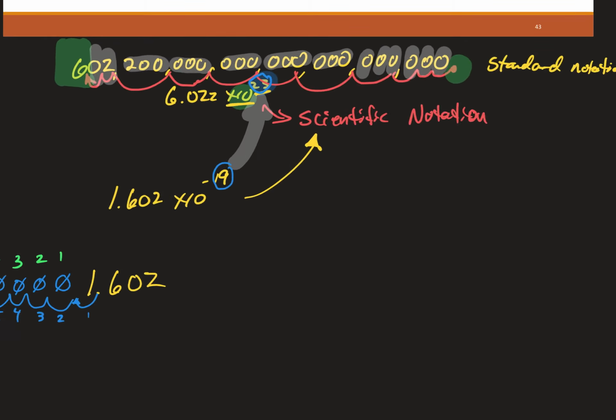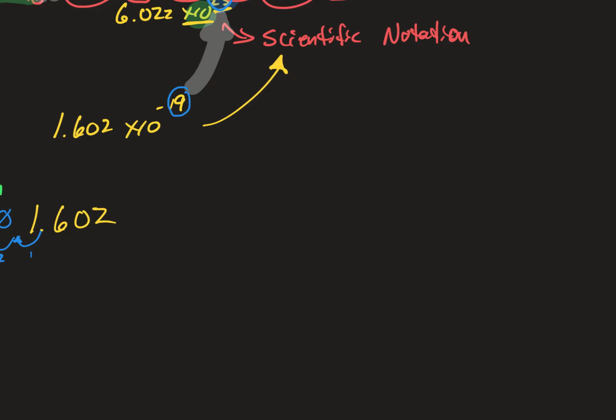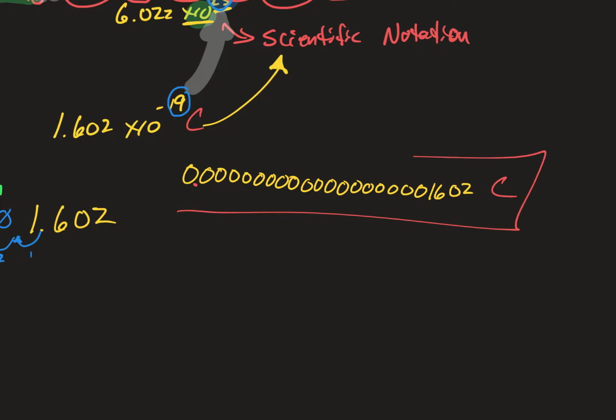I would just say you have a number like this, you write in your 1602, and then put in 19 zeros to the left. 1, 2, 3, 4, 5, 6, 7, 8, 9, 10, 11, 12, 13, 14, 15, 16, 17, 18, 19. Then put your decimal in, always after the first 0. And there you go. In standard notation, 1.602 times 10 to the negative 19th coulombs is this value there.